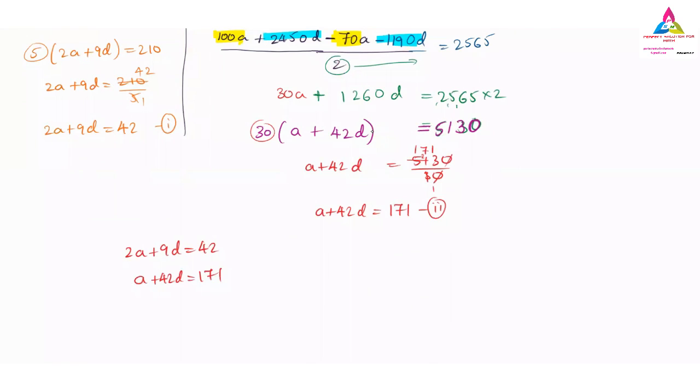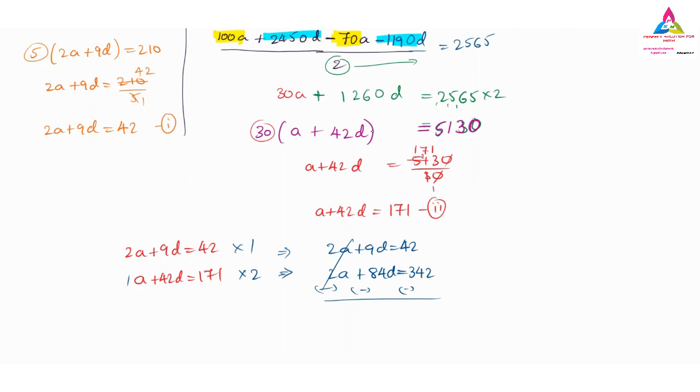So it is not similar, it is a different way. So multiply this by 2, this by 1. Elimination method we can follow. So 2a plus 9d is equal to 42. Anywhere if I went wrong, just you can say it. 2a plus 84d is equal to 342. So sign change.